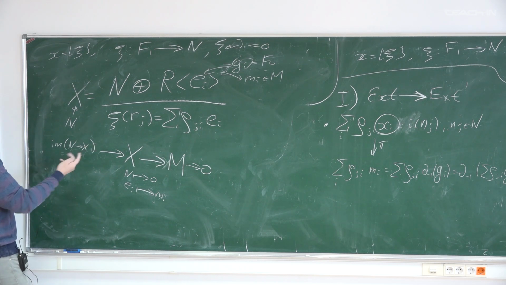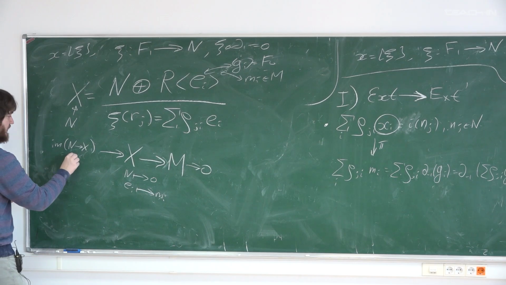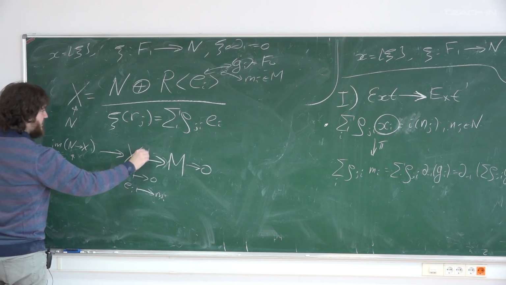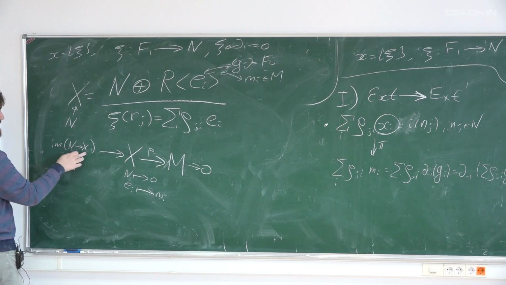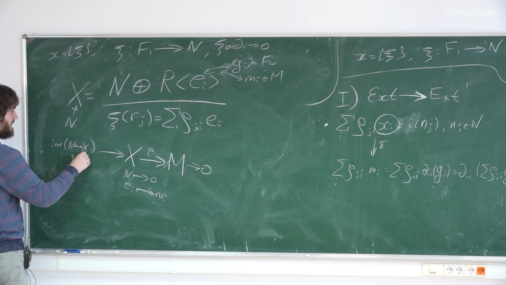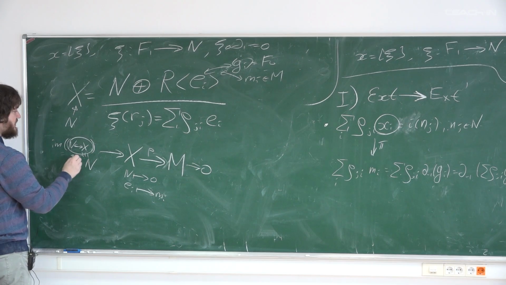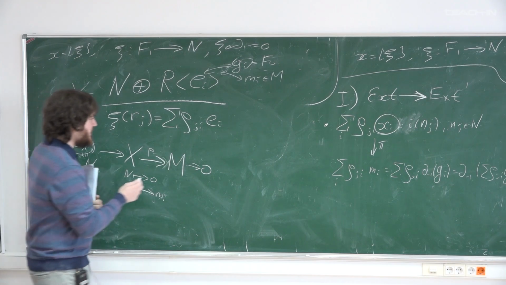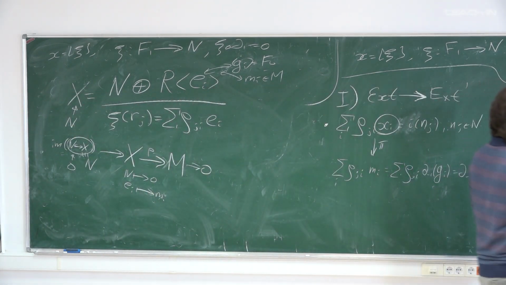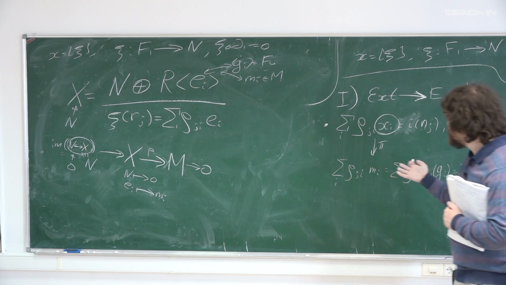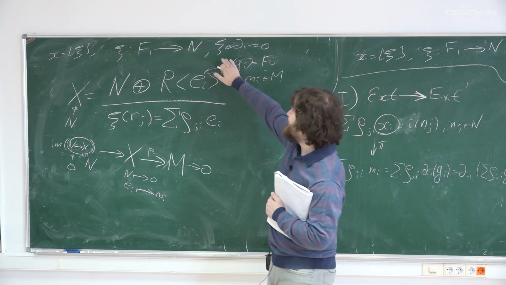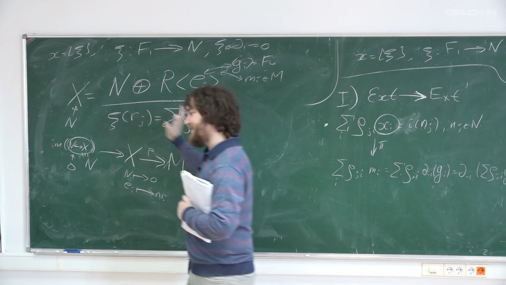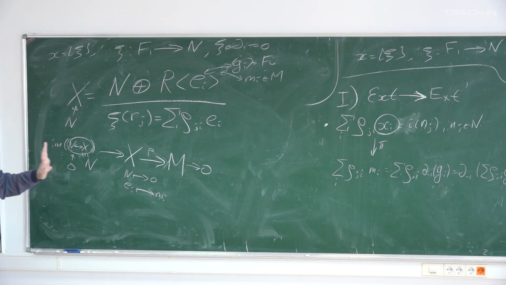You can check two things. You can check that this is really the kernel of this projection. And in fact, this map is an injection. So this image is in fact isomorphic to n. So this map is an injection and this is the kernel. You need to check these two things. So you obtain an extension. And then it's more or less obvious that if you have this extension and apply the previous map, you obtain more or less exactly this xi, if you do all the right choices.